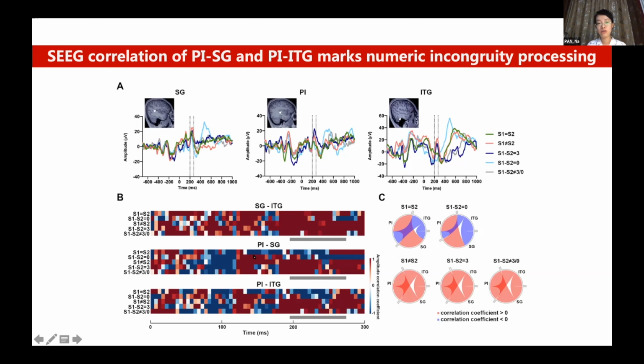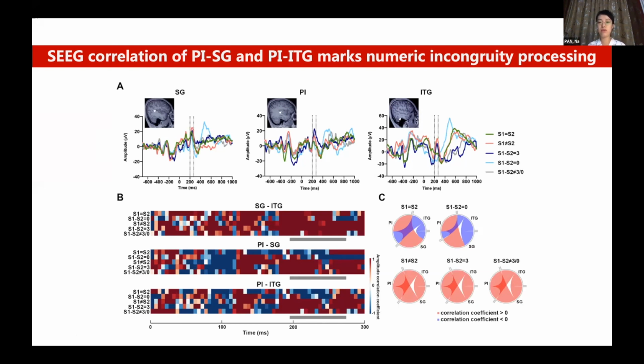However, in the other two cases, between posterior insular and supramarginal gyrus, and between posterior insular and inferior temporal gyrus, when S1 is the same as S2, the coefficient between the two regions is negative. However, when S1 is different from S2, the coefficient is positive, and using the chi-square test, there is a significant difference.